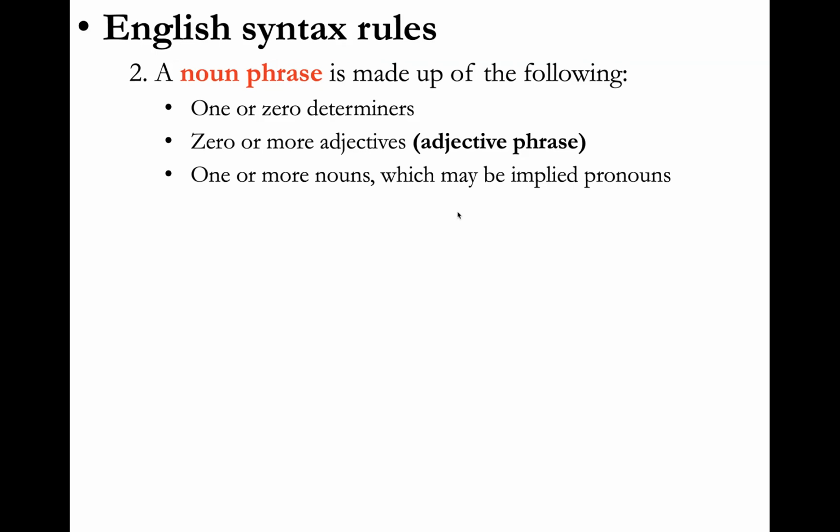Like if you tell someone, "run," right? That you're commanding them, "you run," but the "you" is implied in English, and so you don't really need it, but it still counts as a subject or a noun. And then you have one or zero prepositional phrases at the end. Those are allowed.